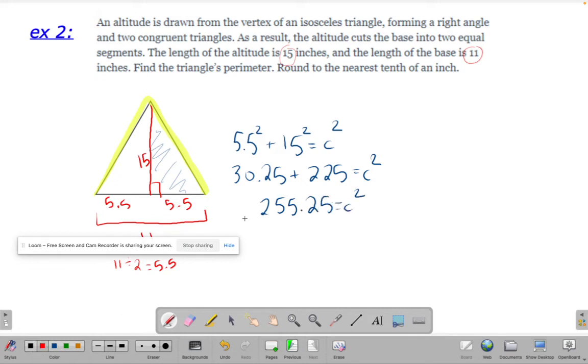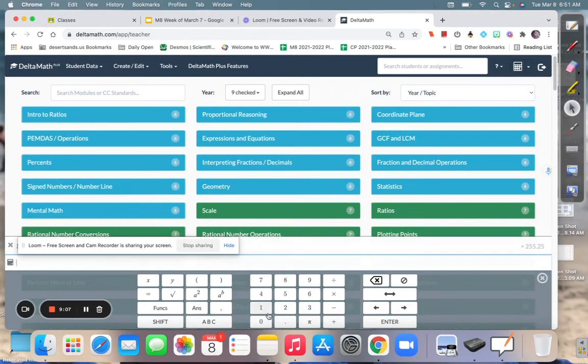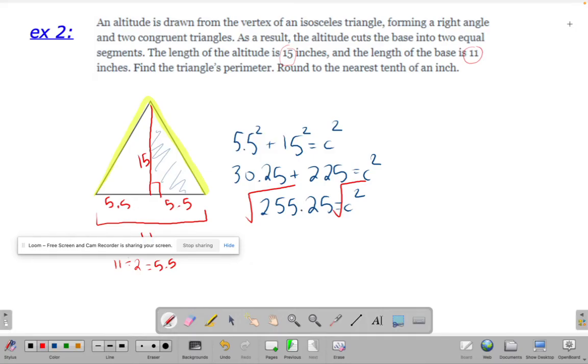Square root both sides. So enter square root 255.25. Remember, I told you to copy what's in front of the decimal and then 3 places afterwards. So 15.976. So we have 15.976 equals C.